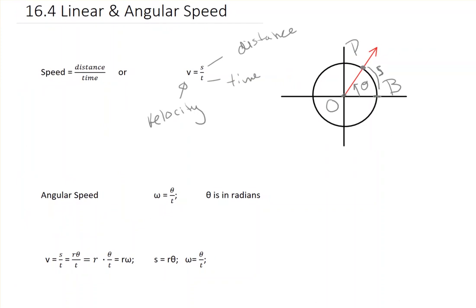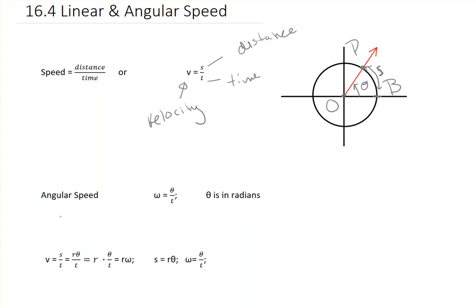So this is S. And if you remember back to 16.2, that's really the arc length, right? Because it's a portion of the circumference. So that's why they label it S, because it refers to that arc length again. So as that angle is moving around the circle, you're increasing the arc length.